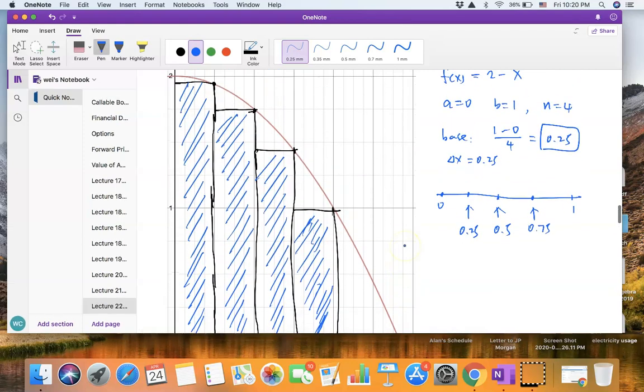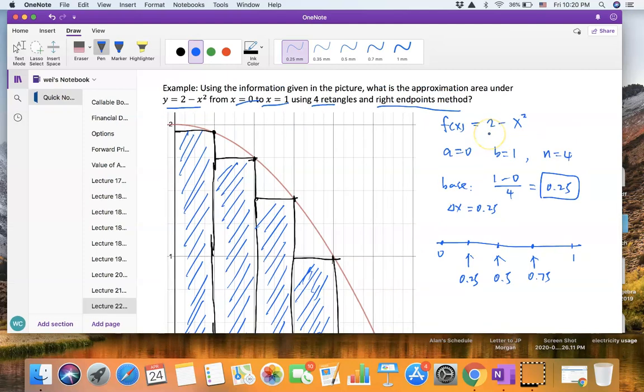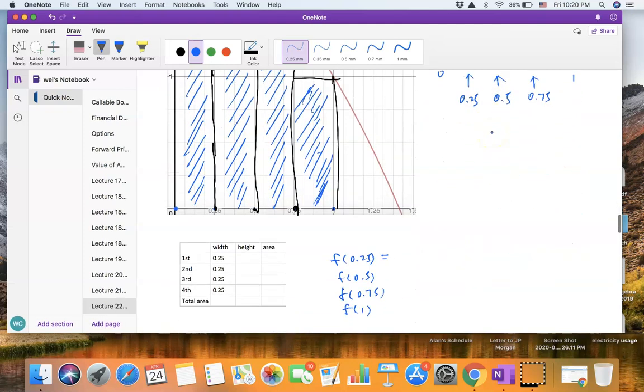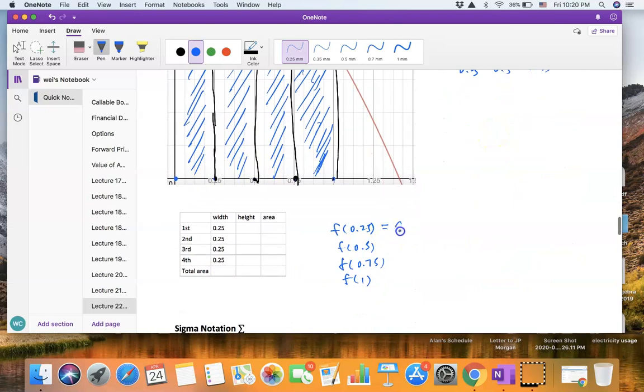At this point we're going to need to use this function f of x. So this is 2 minus 0.25 squared, this equals 2 minus 0.5 squared, this equals 2 minus 0.75 squared, this equals 2 minus 1 squared.